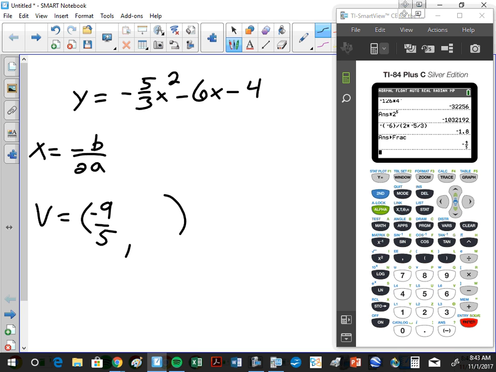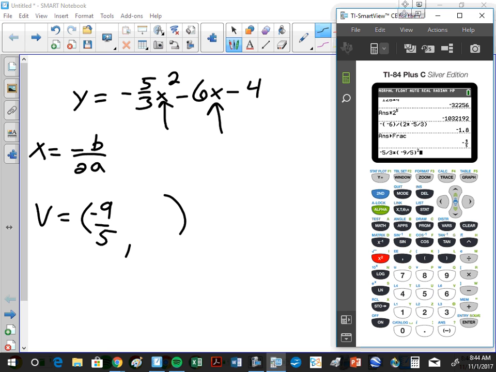How do I find the y value? Plug that into the equation. Again, with a fraction, you need to put parentheses. So I'm going to stick negative 9/5 in here and in here. So negative 5 over 3 times negative 9/5 squared minus 6 times negative 9/5 minus 4.